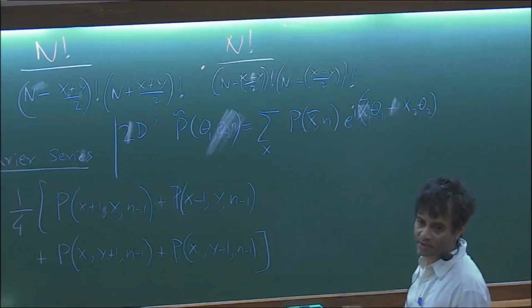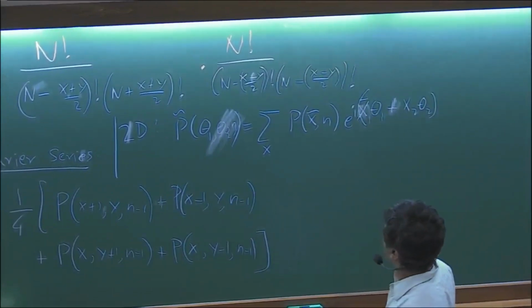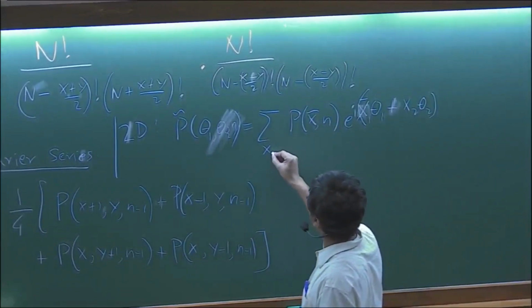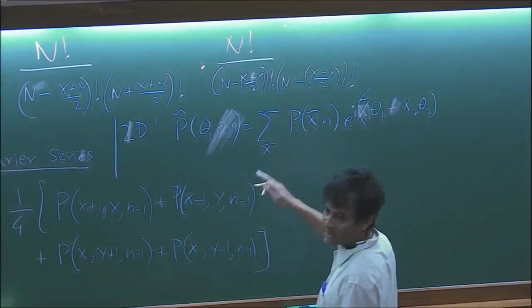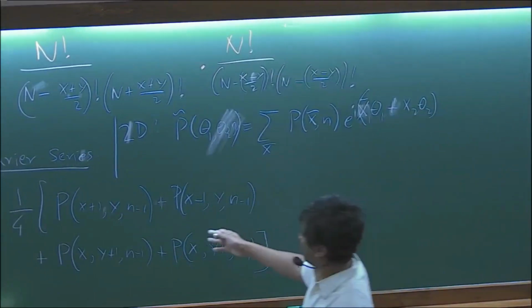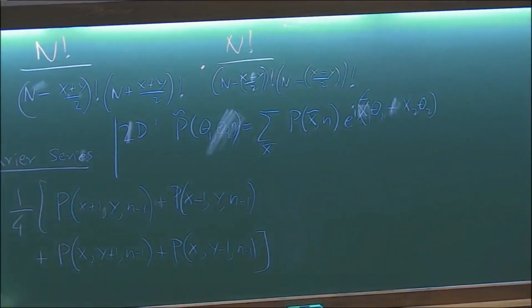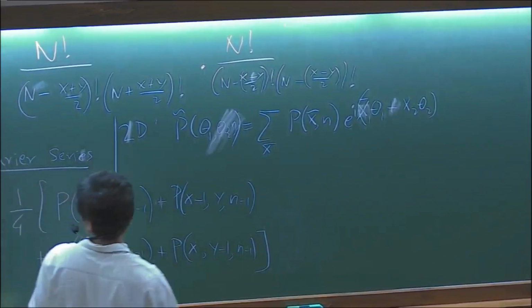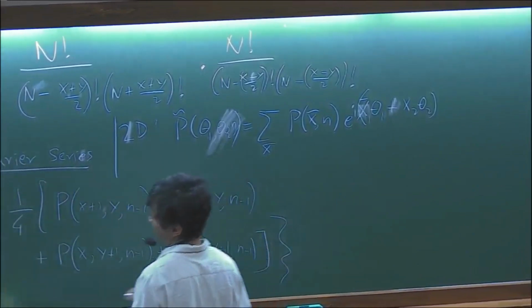It's like doing a two-dimensional Fourier transform. And so this is now a sum over x bar, which means x and y, so all points on the 2D lattice. Now again we do the same business: multiply by e to the power i x bar dot theta and sum over all x bar, this entire equation.